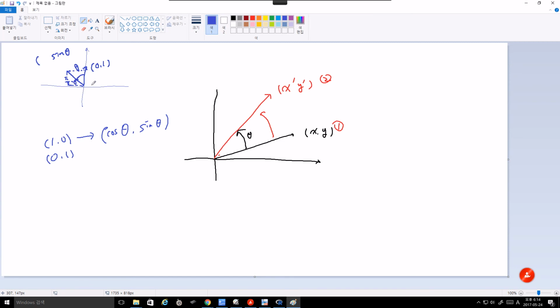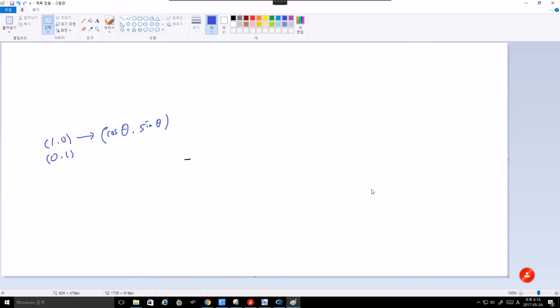Alternatively, actually, let me do it again. Let's delete this and this, because I want to write it bigger. Straight line, and then straight line.